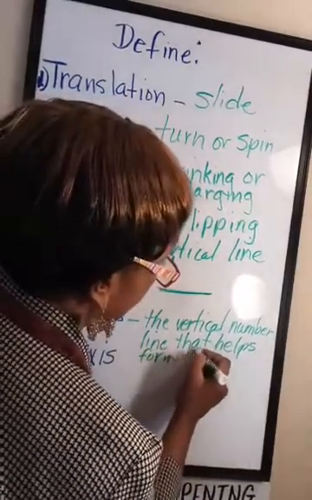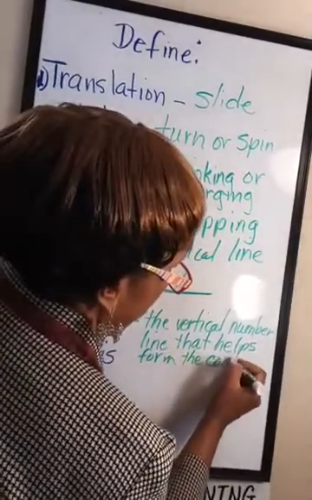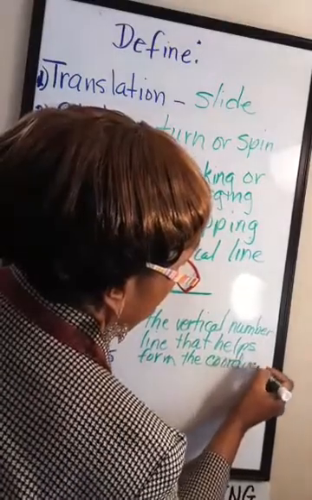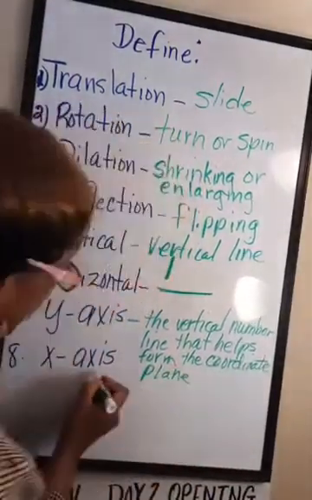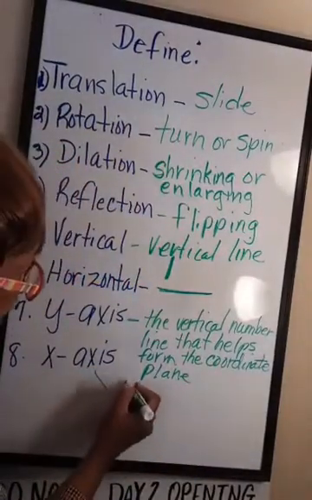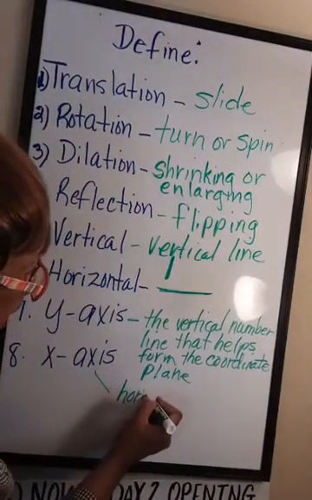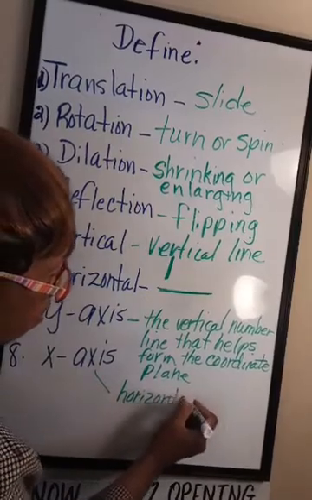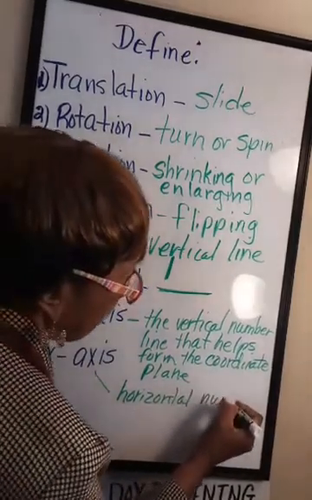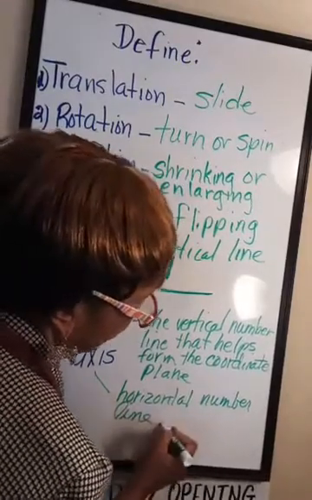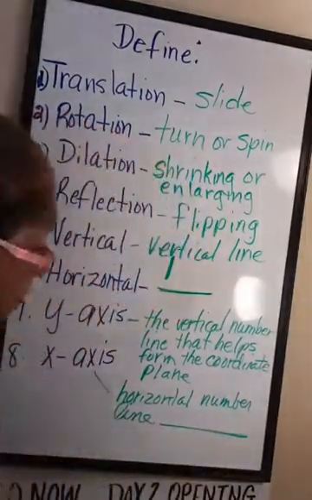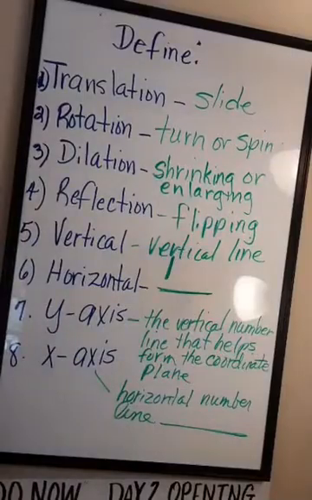Coordinate plane. And when we speak of the x-axis, we are talking about the horizontal number line that runs straight across. That's your x-axis.